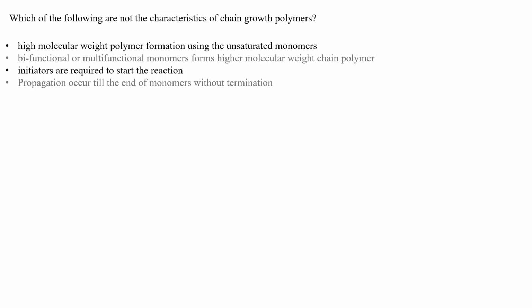As we have seen in the previous question itself, if there is a formation of a dead polymer, no matter how many monomers are left, they won't propagate anymore. That's why propagation till the end of monomers is not true for chain growth polymers. So options 2 and 4 are not the characteristics of chain growth polymers, and they are the correct answer for this question.